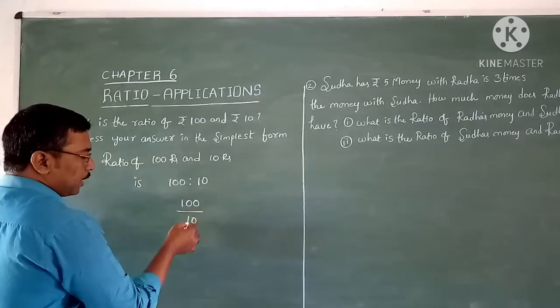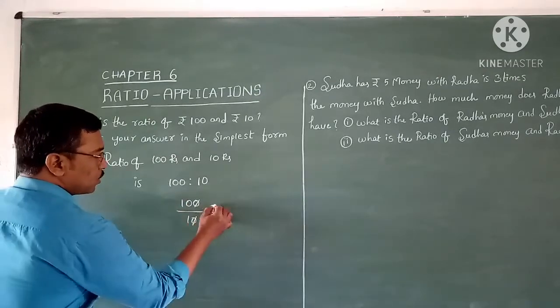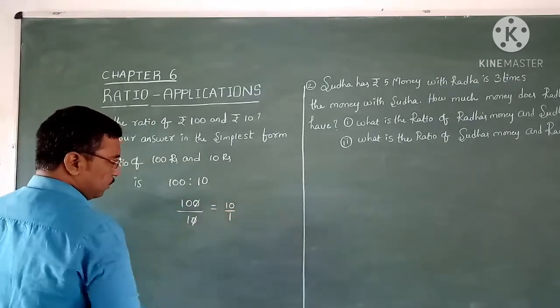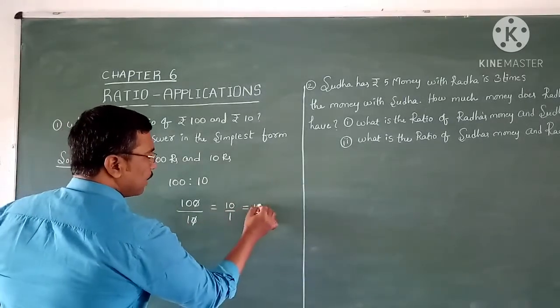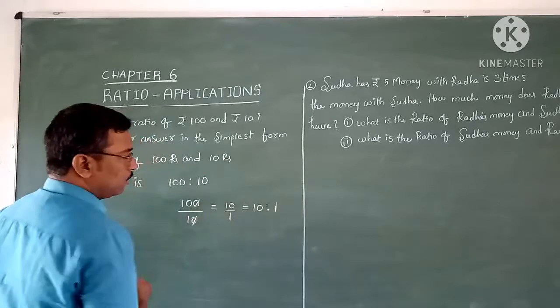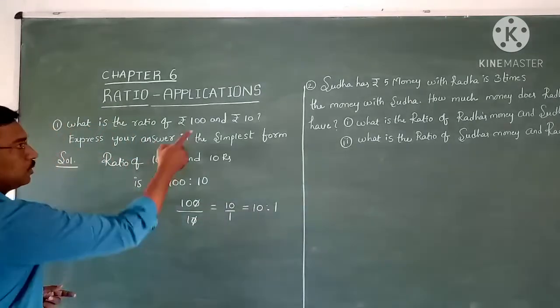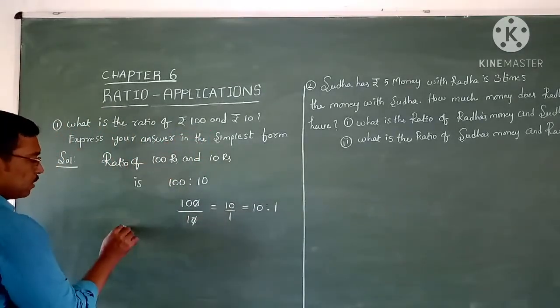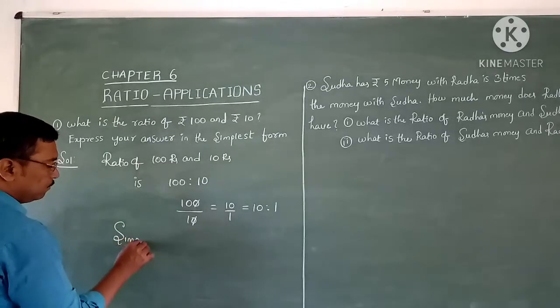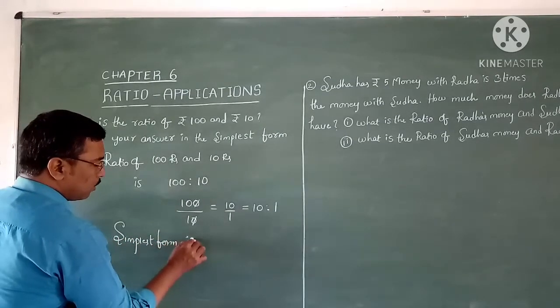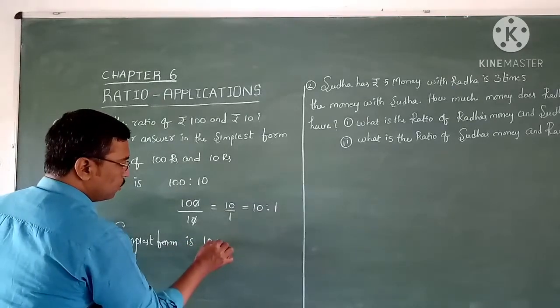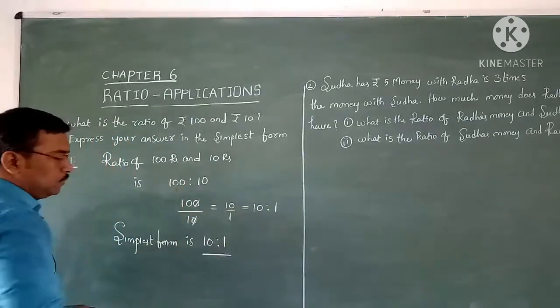So cancel the zero, the remaining is 10 by 1. So this can be written as 10 is to 1. So this is the simplest form of 100 rupees and 10 rupees. Simplest form is 10 is to 1.